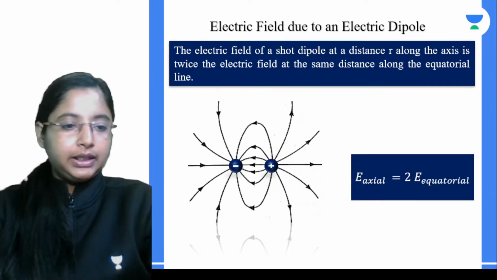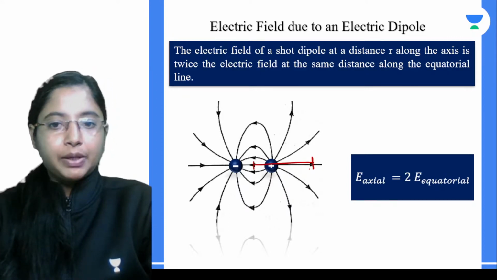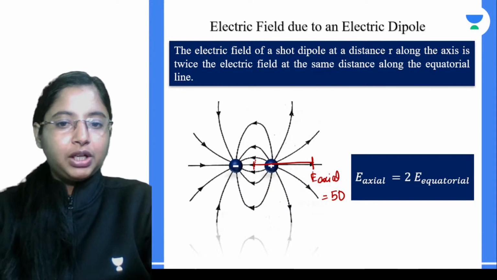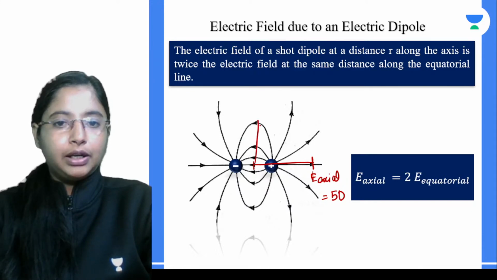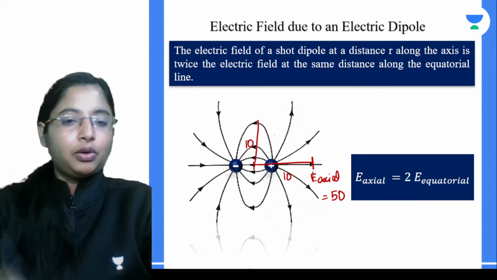equatorial line. For example, let's say the electric field strength along the axial at this point is around 50 Newton per coulomb. Now from the center you go another 10 units in the equatorial plane, perpendicular to this dipole.